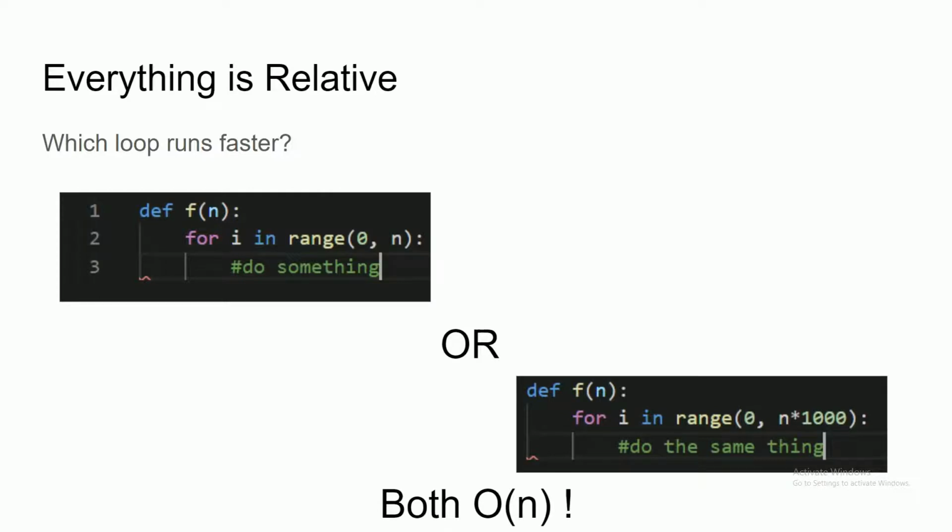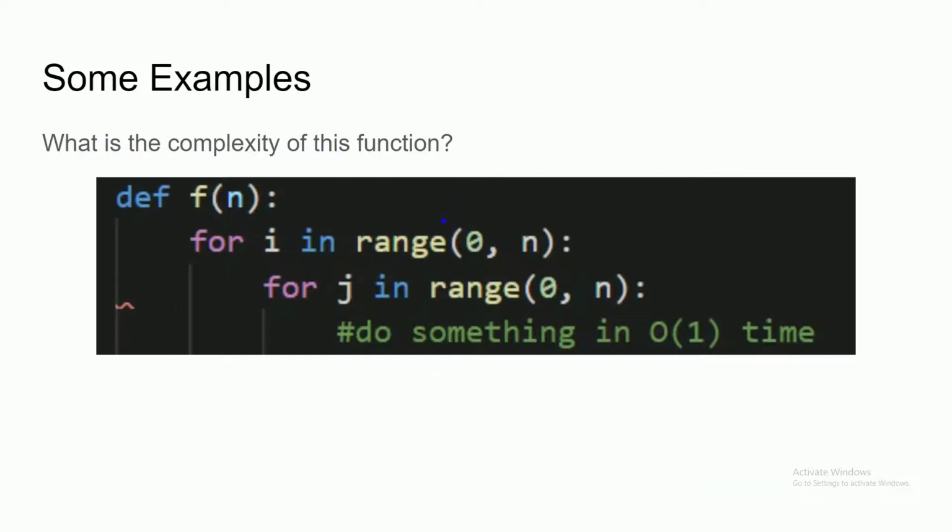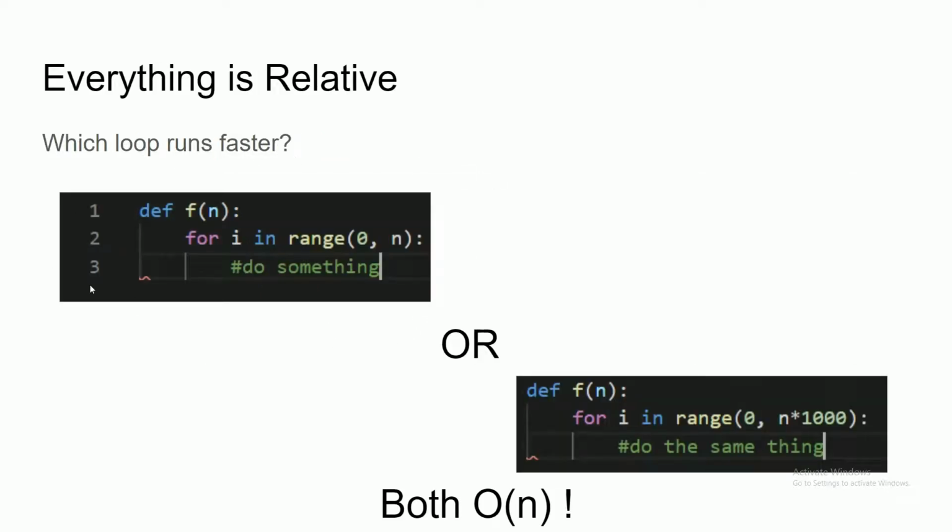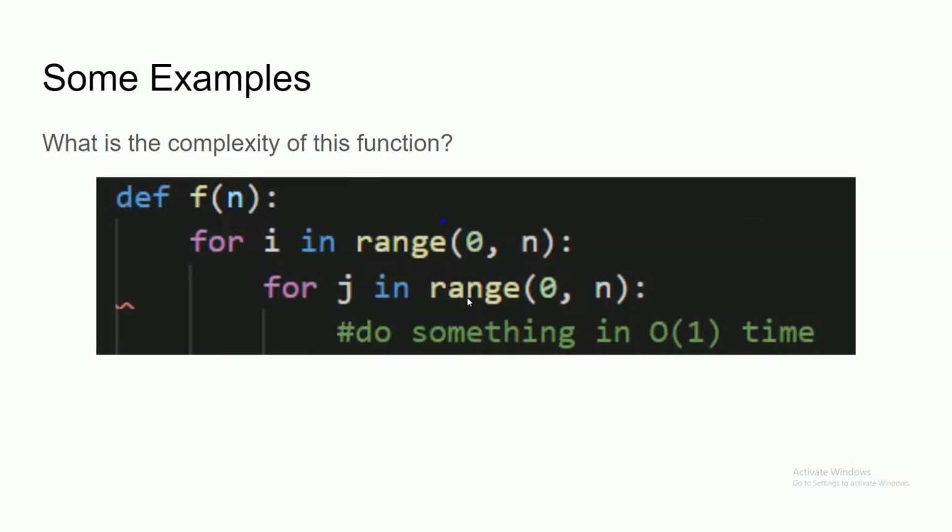Now we'll go into some examples where we have functions that will not run in linear time, and how we can look at these. If we look at this function, we'll see that we have an outer loop that is equivalent to the loop that we had in our first example, and the inner loop is also going to run the same number of times.